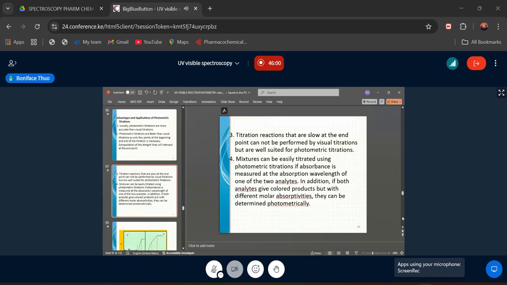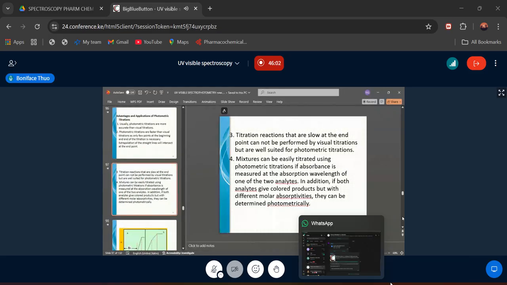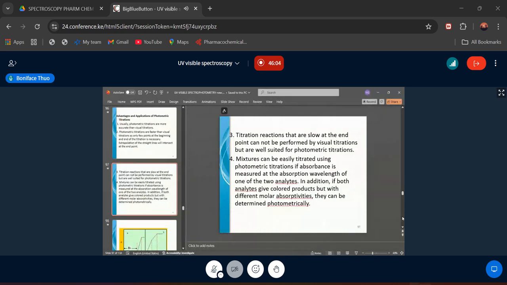Okay. Third advantage is that even titrations which are slow at the endpoint can still be performed. Remember, we said that it is more difficult to carry out visual titrations where the reaction at the endpoint is slow.